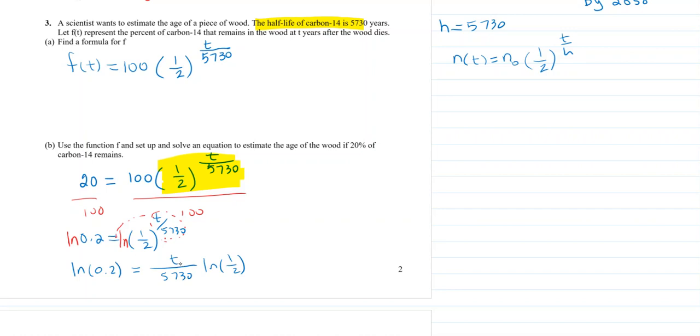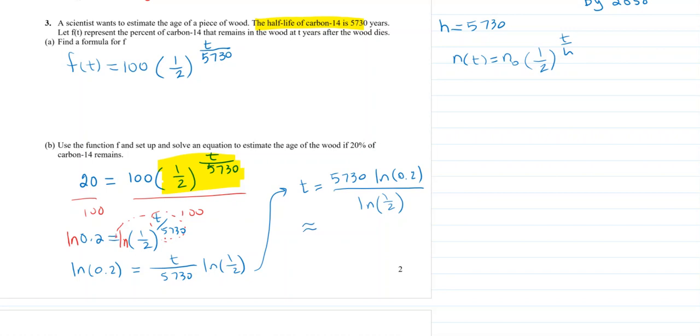To get t by itself, this is now just a linear equation. We want to multiply by the denominator, multiply both sides by 5730, and then divide both sides by that ln of 1/2. These are just numbers. They look funny, but they are just constants. So we get 5730 times ln of 0.2 on top and ln of 1/2, or ln of 0.5, you can also write on the bottom.